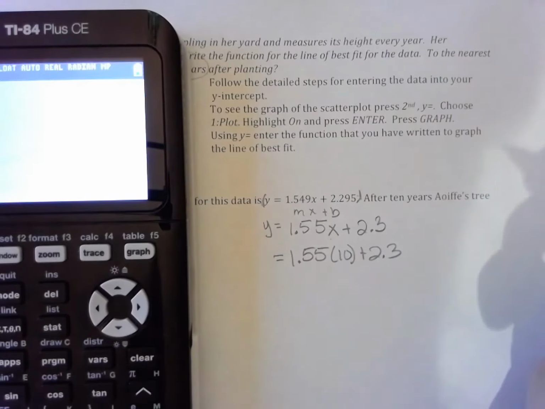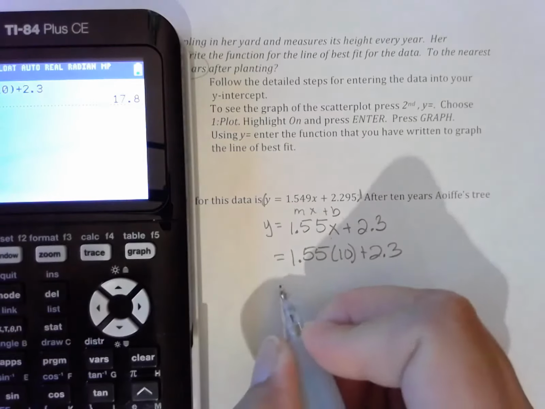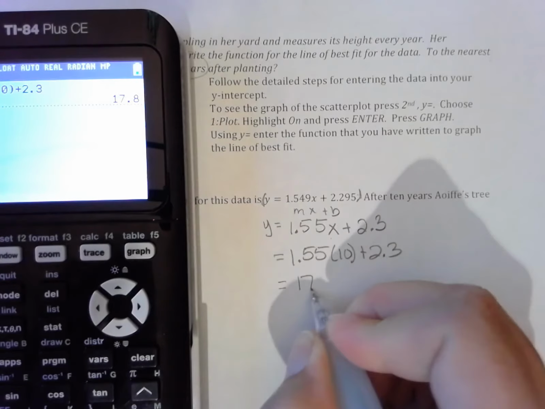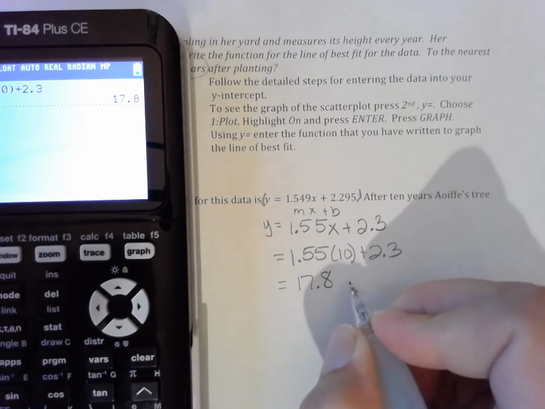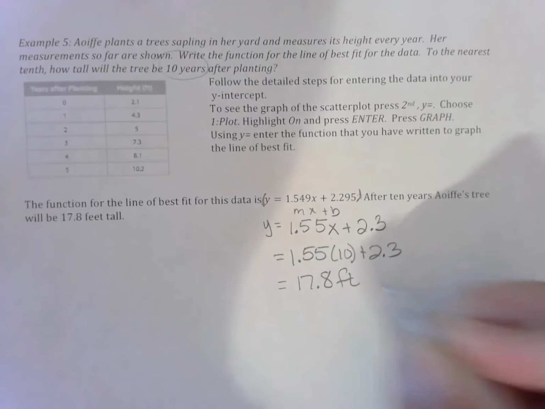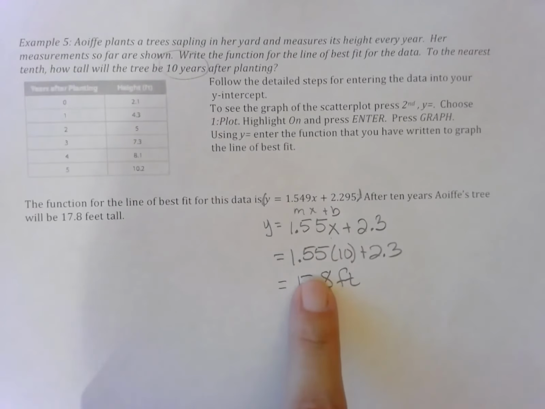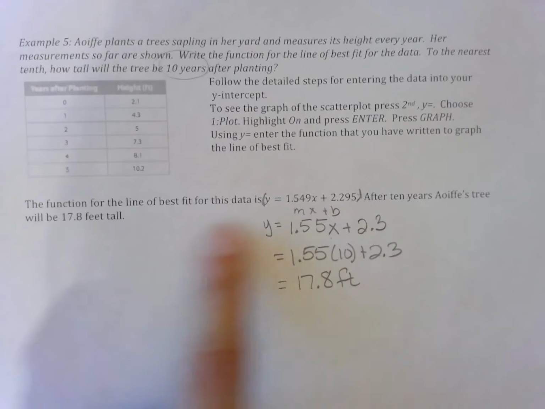And then I'm just going to go into my calculator and put that in exactly like I have it written on my paper. And the tree will be somewhere around 17.8 feet. Is this in feet? Yeah, feet tall. Which actually, rounding to the nearest hundredth didn't make a big difference this time, not like it did with the temperatures.